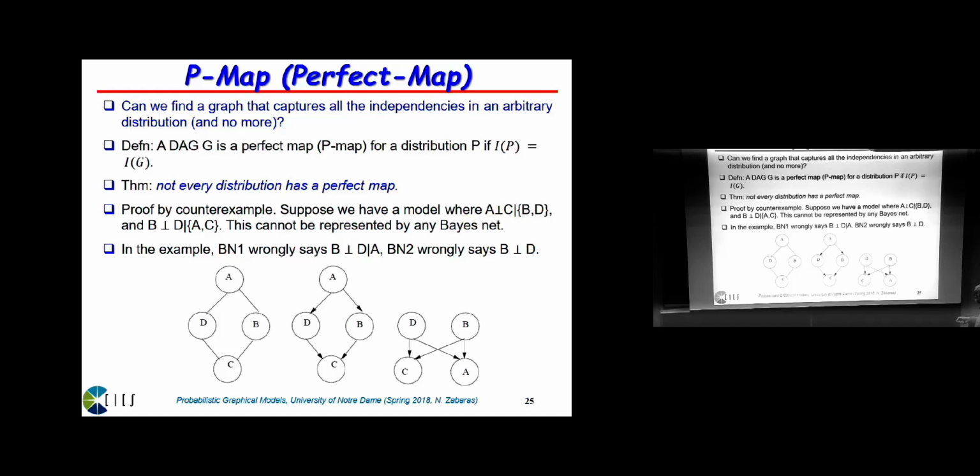A is independent of C given B and D, and B is independent of D given A and C. By the way, since the Bayes ball algorithm in principle becomes a graph separation algorithm in undirected graphs, you can see that A and C are independent given D and B, because the path from A to C is blocked if you go this way, or is blocked if you go that way, given D and B.